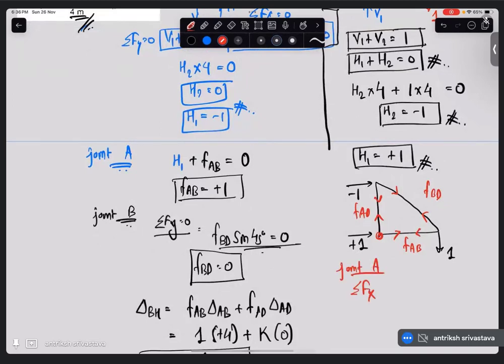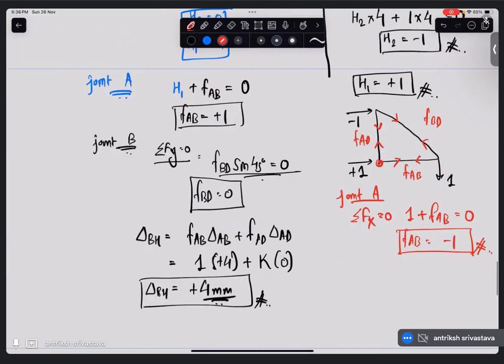Again at joint A, sigma Fx is equal to 0. That means 1 plus FAB is equal to 0, so FAB is minus 1. Now coming to our joint B, what is unknown here? Unknown is our FBD.